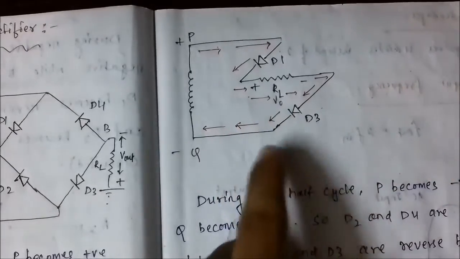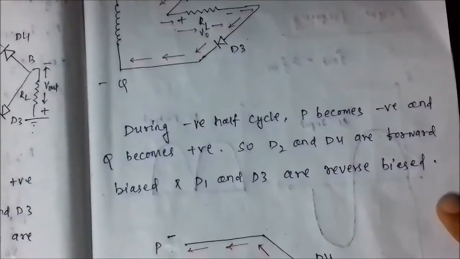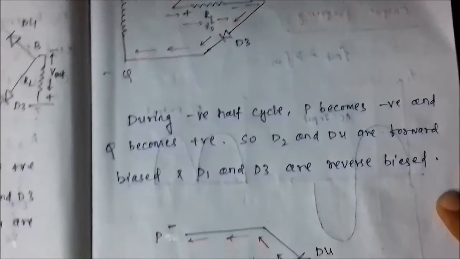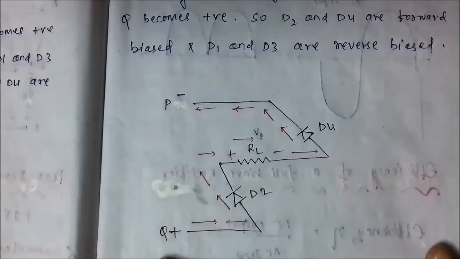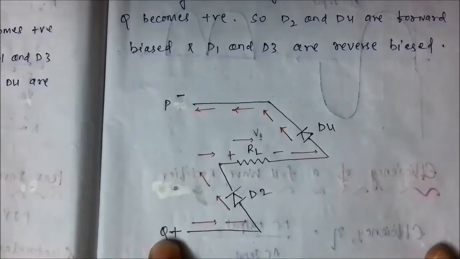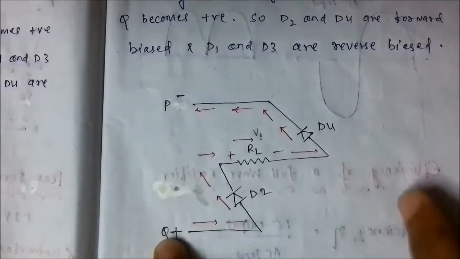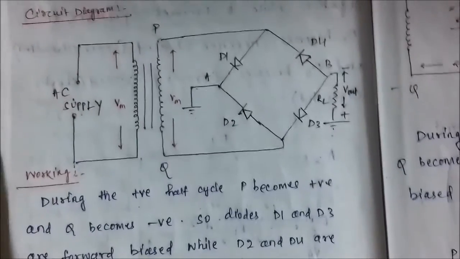During the negative half cycle, the end P becomes negative while the end Q becomes positive. As a result of this, the opposite thing happens.